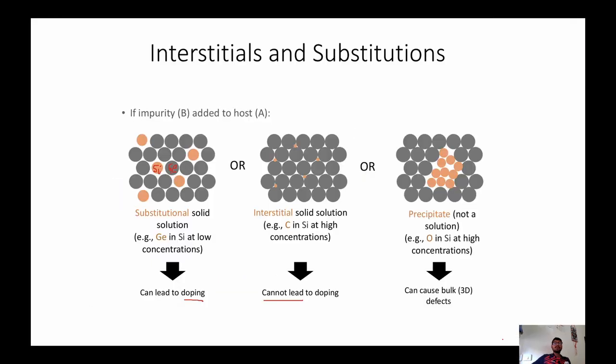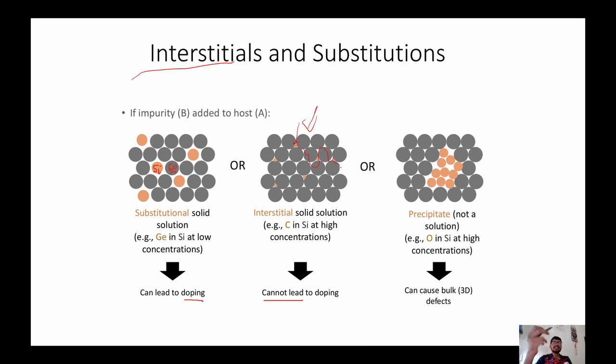Now, interstitials and substitutions. Interstitials, as we have discussed, are voids inside a crystal structure, and in these voids other elements other than silicon can go inside and move randomly.